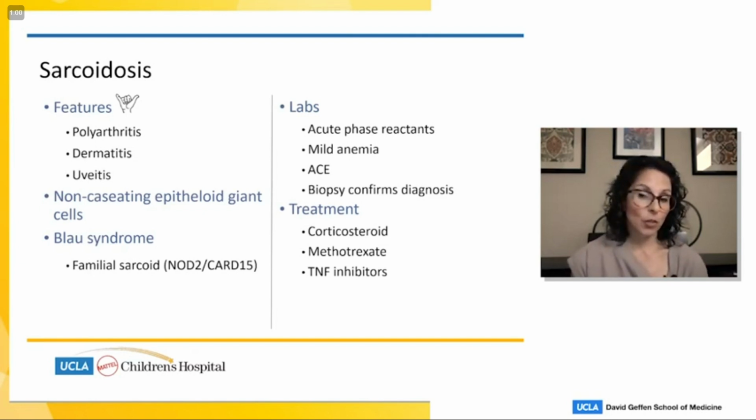Treatment is corticosteroids, methotrexate, as well as TNF inhibitors. Hopefully someday when we give this lecture in the future, we won't have to include corticosteroids so often for the treatment of so many of our systemic autoimmune diseases. It's a wonderful medication, but as you all know, it has tremendous side effects, including interruption of growth potential.